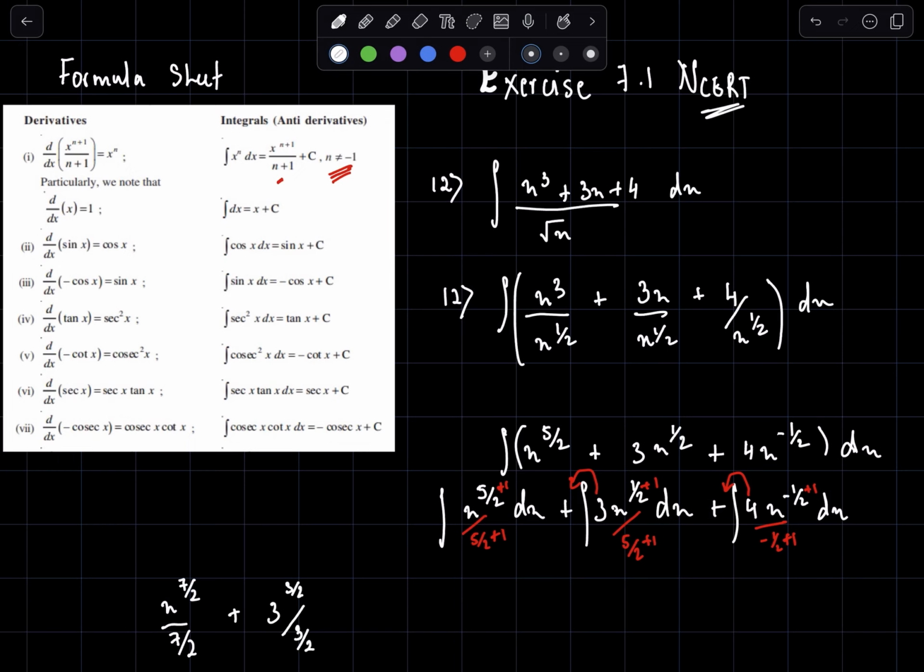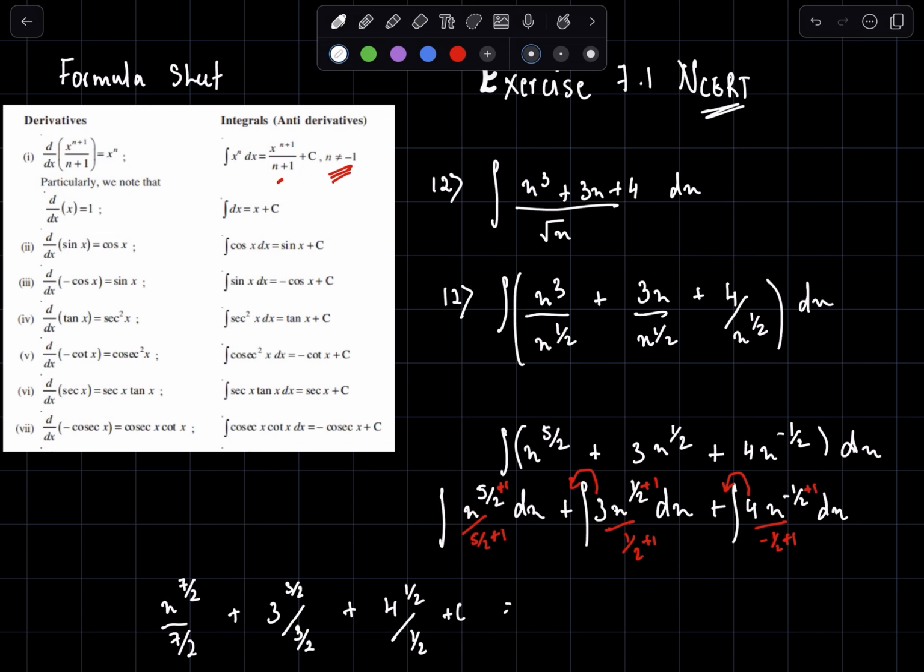I made a mistake here, I'm sorry. This is half plus 1. Correct. Plus again 4 times x raised to the power half divided by half, since minus half plus 1 is half. Plus c, right?